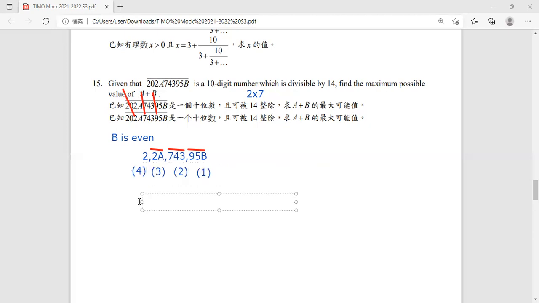Now, what we do here is take the odd groups, 95B, or you can say 900 plus 50 plus B, minus 743, plus 20 plus A, and minus 2.